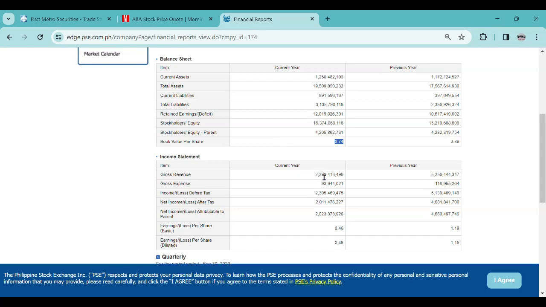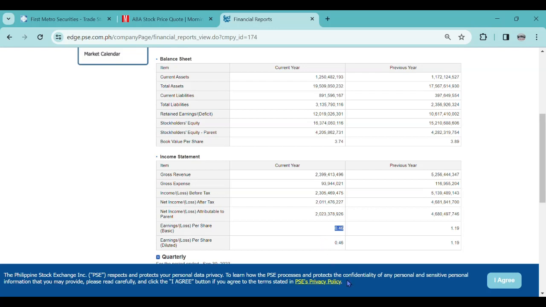As I have said earlier, for the PE ratio, we should have a ratio of 15 and below. When it's 15 and below, it means the stock price is undervalued, or it's cheap for its price.